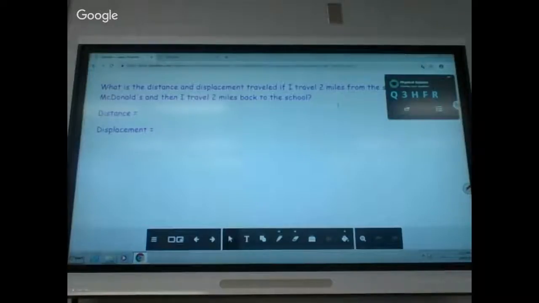Our class code is Q3HFR, and it will stay up there while we're doing this. Now, this is a platform that allows me to send word problems to you, or really any information. It does not have to be in the format of word problems. But I use it as a way to send you math problems and allow you to send me back answers.